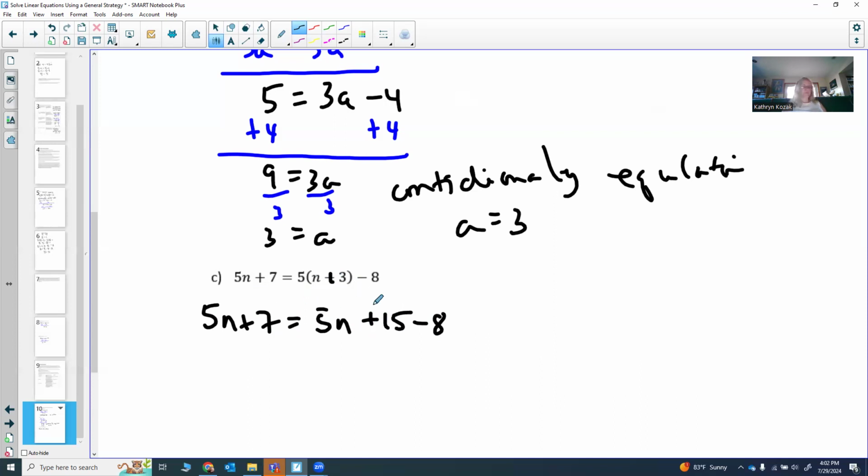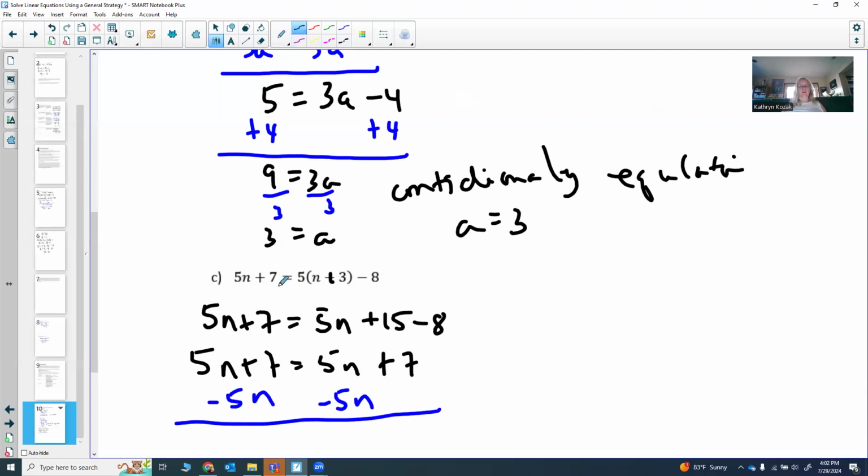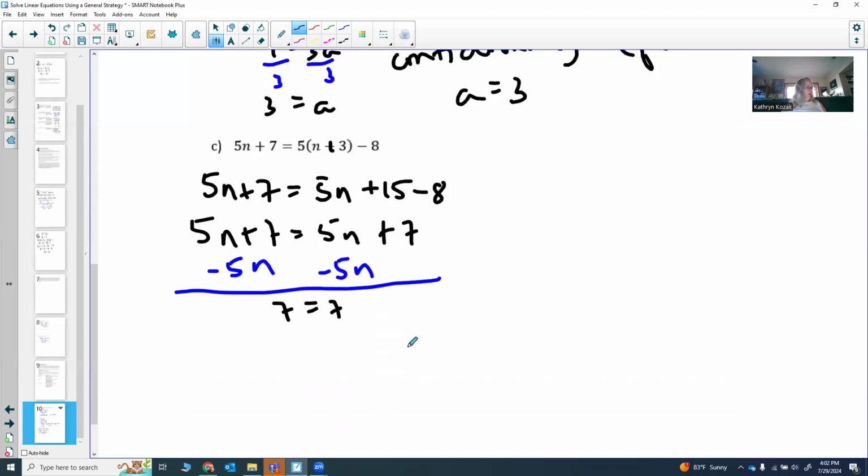I apologize for that. So we get 5n plus 7 is equal to 5n plus 15 minus 8, which gets me 5n plus 7 is equal to 5n plus 7. Subtracting 5n from both sides, and you get 7 equals 7. 7 equals 7 is always true, so this is an identity. And every real number is the solution.